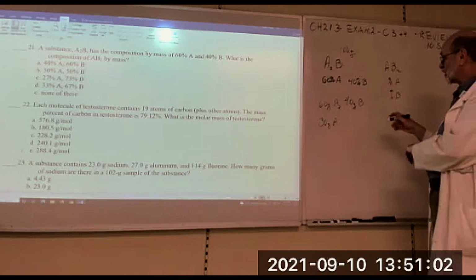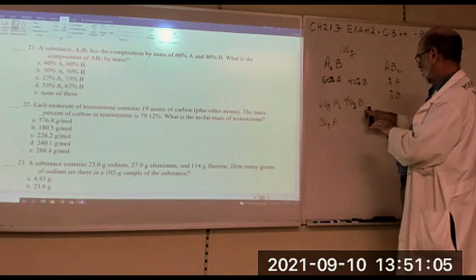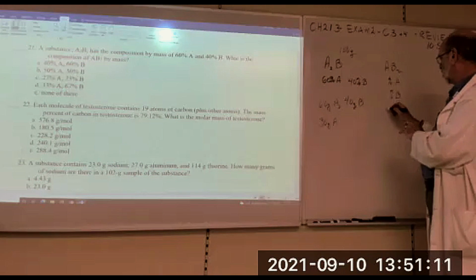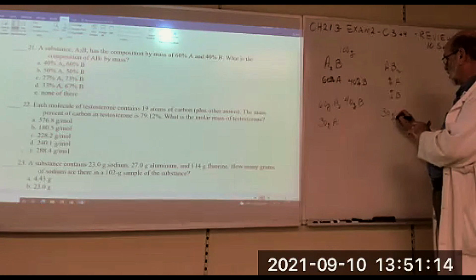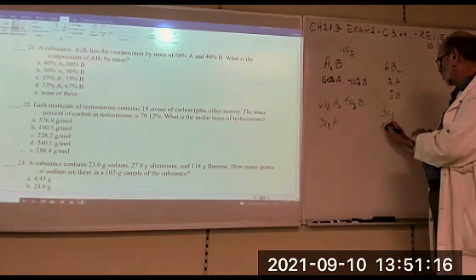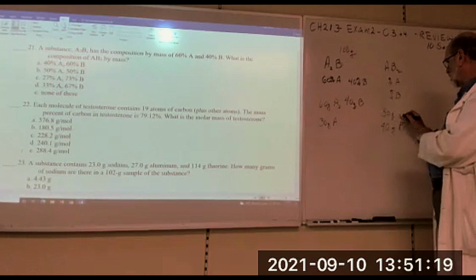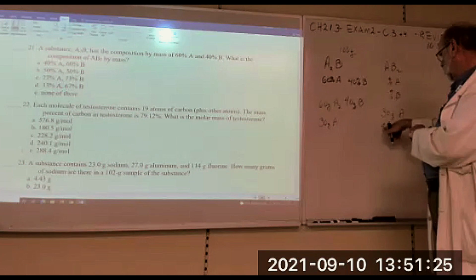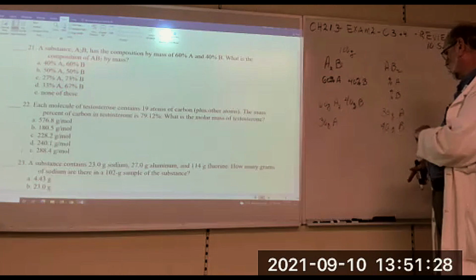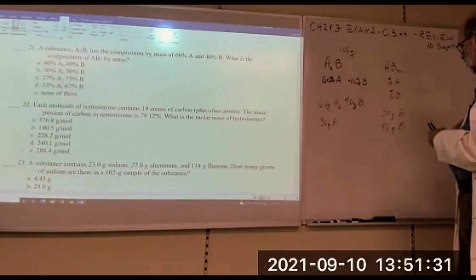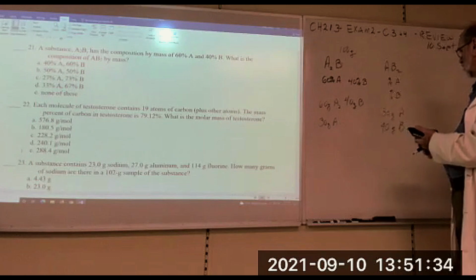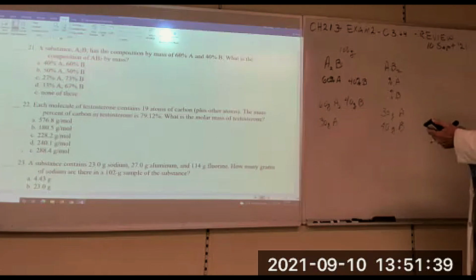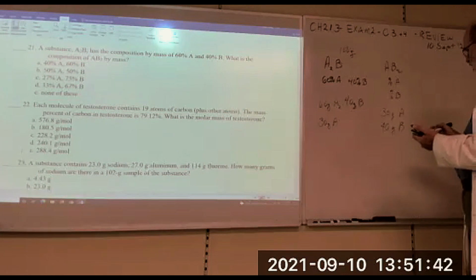Now, if we use that same ratio of 40 to 30 and come over here, then we would have only one A, but two B's. So 30 divided by 110 is 27%.